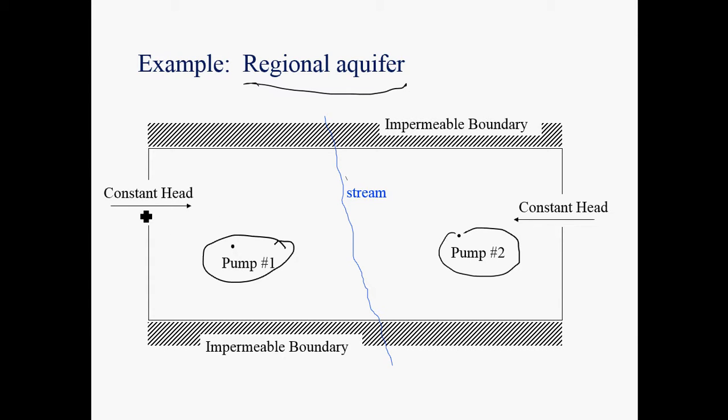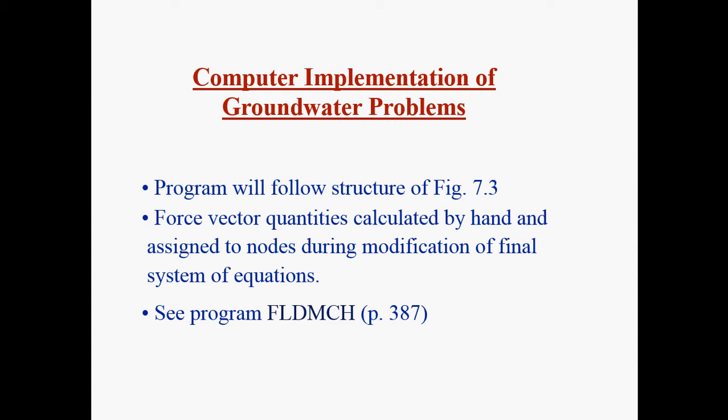So you have pressures here, you have pumps, you have the stream, and then of course this boundary that has been set up on both sides, that is an impermeable boundary. So what to do? We implement this structure using the groundwater equations.